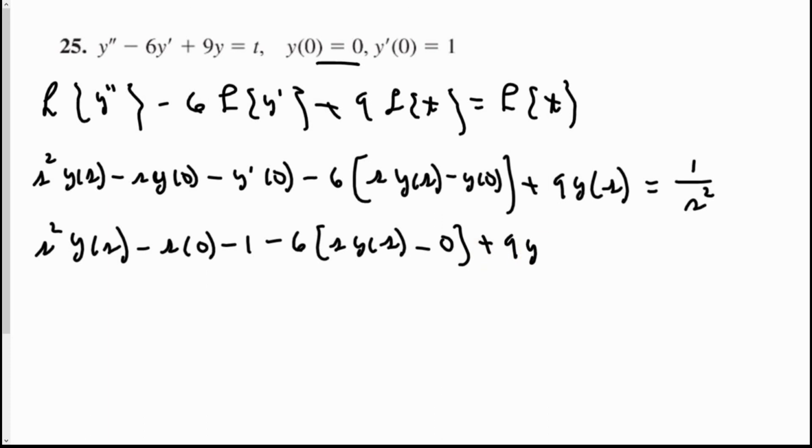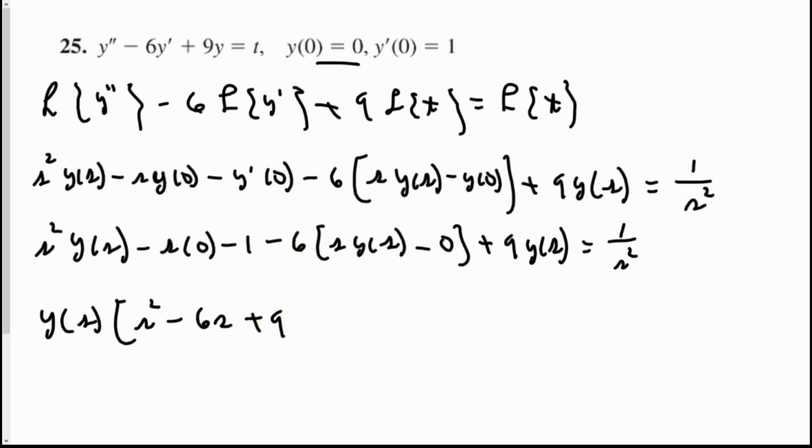Plus 9 times y of s is equal to 1 over s squared. Okay, so now I'm going to get my y of s's together. That's times s squared minus 6s plus 9. That matches up, right, with y double prime minus 6y prime plus 9. The s kind of replaces the y primes in some kind of sense.